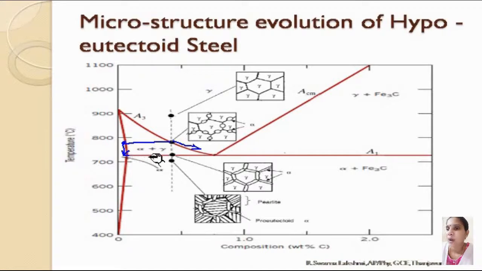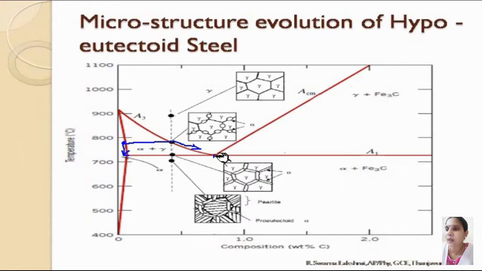And once the eutectoid line, the A1 line, is reached, then pro-eutectoid alpha formation is along grain boundaries and austenite has the eutectoid composition now, that is 0.8 weight percent carbon.